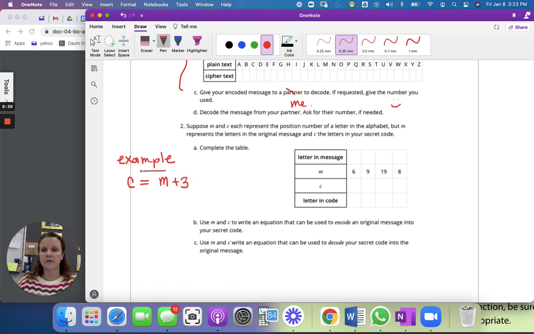Okay, the code was the regular input plus 3. All right, so as I said, when I put in the letter M, I got out the letter P because M plus 3 gave me P.